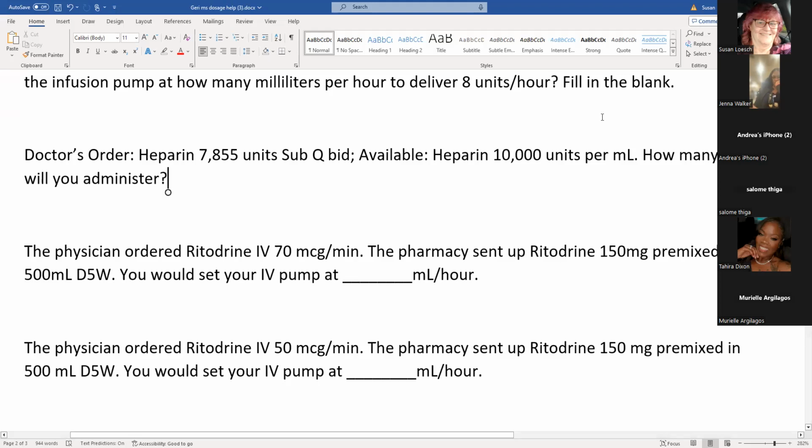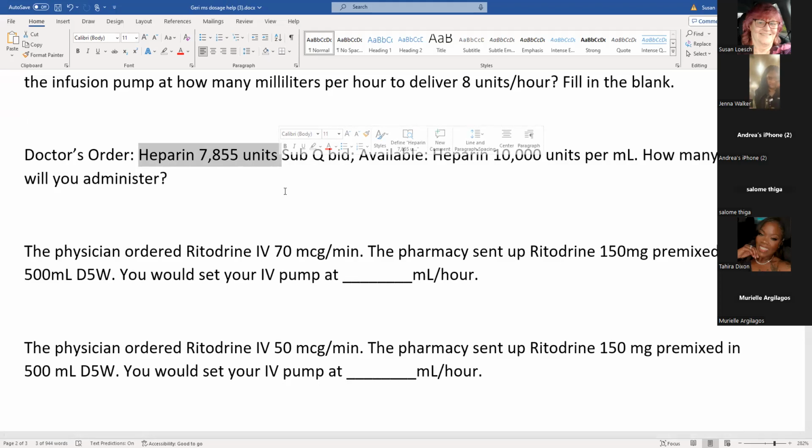Let me just highlight it. For each dose. Now, if it said you were giving 7,855 units for a daily dose, and the order was to administer it twice a day, what would you have to do? I'm all the way confused. I'm sorry.